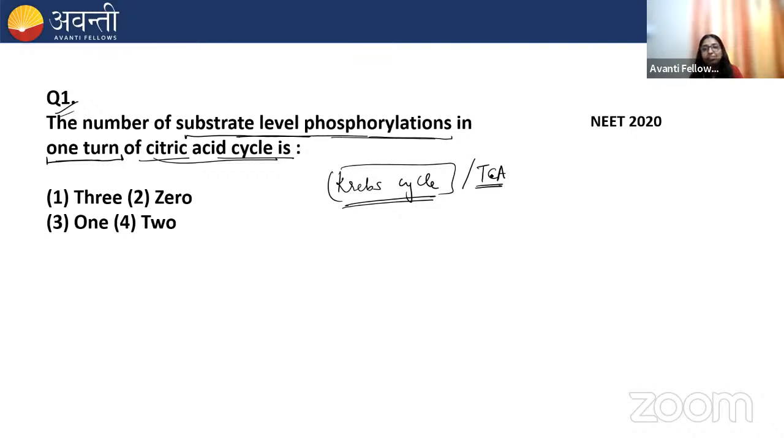That is why I was telling you, please remember these steps where the ATP formation, substrate level phosphorylation is taking place, or the step where the NADH formation is taking place, or the step where the ATP are utilized. Remember all these steps because they are very important.